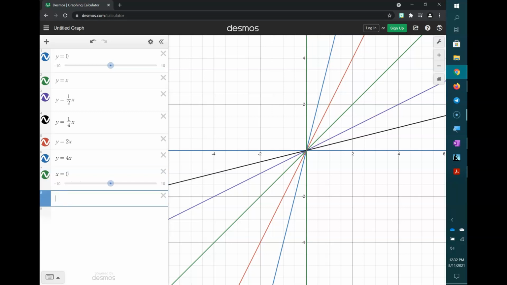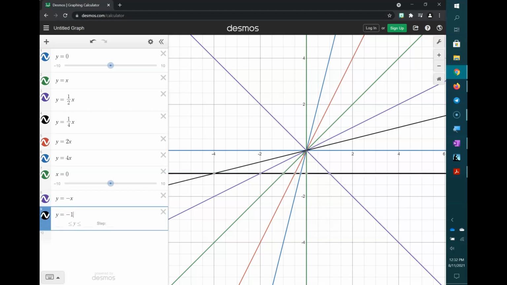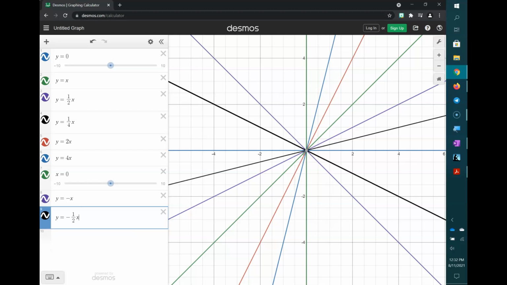Okay, then let's talk about lines with a negative slope. If we have y equals -x, now we're talking about something that's decreasing. And it's decreasing pretty quickly. That's a pretty steep downhill trend that we're seeing. But if we have y equals -1/2 x, that's not as steep downhill.